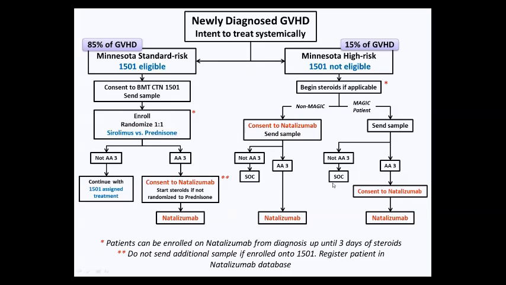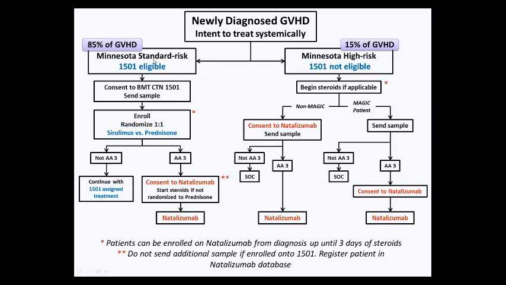So steroids here, and number 3, natalizumab possible. If they are not a MAGIC patient, not enrolled before, then you consent to natalizumab and you send your sample. And number 3, natalizumab offered, and not number 3, standard of care. So this is for the high-risk Minnesota, which is about 15% of GVHD patients.